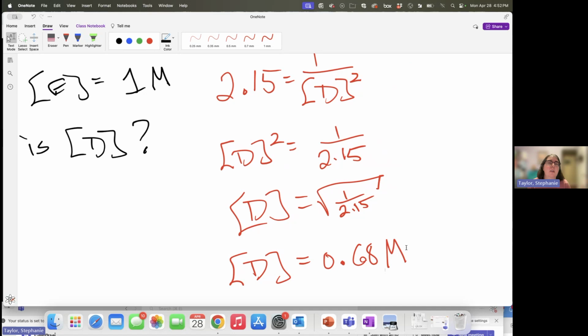Any of the equations that have to deal with Q, I a lot of times think of them as accordion questions. They have this interesting ability to either stretch out, where you can make them way more complicated or much longer than the original, or you can also shrink them down.